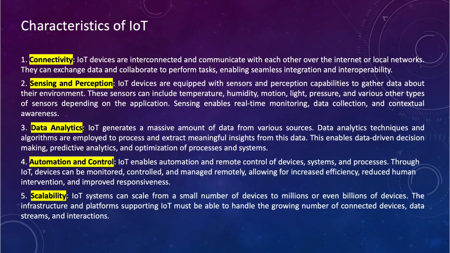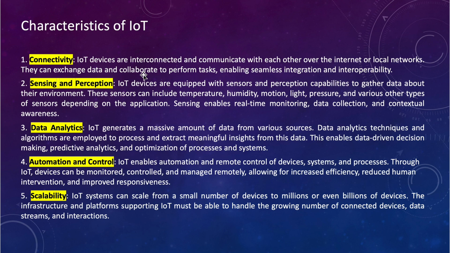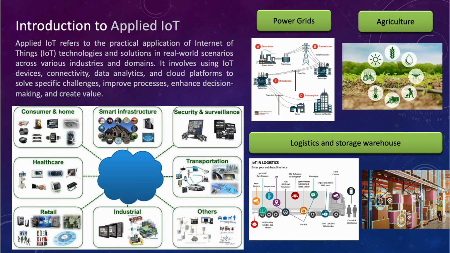So to summarize, if we are to apply IoT to different industries or domains to solve specific challenges, improve processes, enhance decision making, and create value, we would see these characteristics: connectivity, sensing and perception, data analytics, automation and control, scalability, security and privacy, real-time communication, heterogeneity, and edge computing in that applied IoT system.